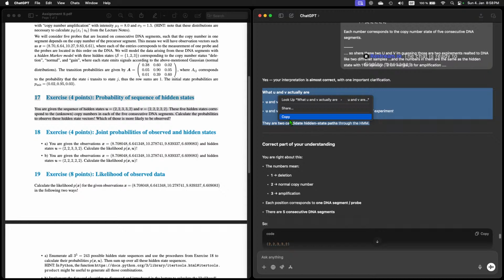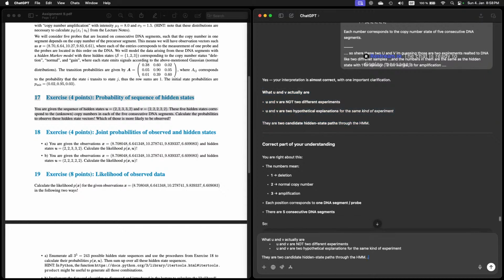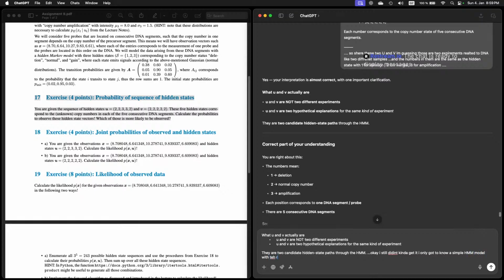Okay, I need more explanation. I still didn't quite get it. I only got to know a simple model with rain, based on weather and mood.